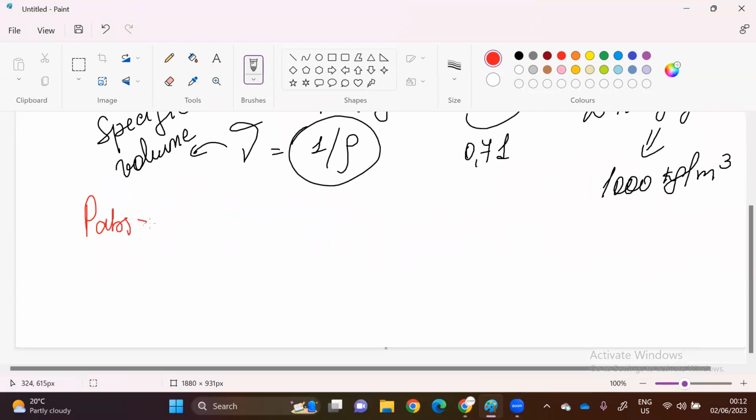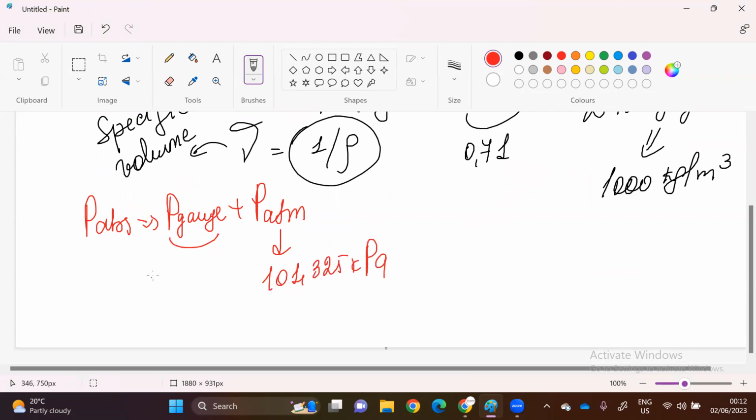The general equation is written this way: P absolute is equal to P gauge plus P atmospheric. We know that P atmospheric is 101.325 kilopascal, and the gauge pressure was given as 72.5 kilopascal. As it's given as vacuum, we need to consider its sign as well. It's a negative sign because it's below atmospheric. We need to take the sum of these values, and it will be P absolute.